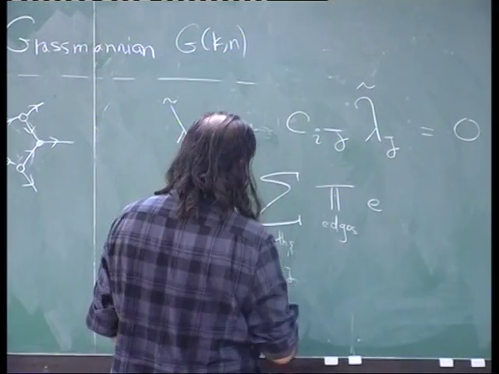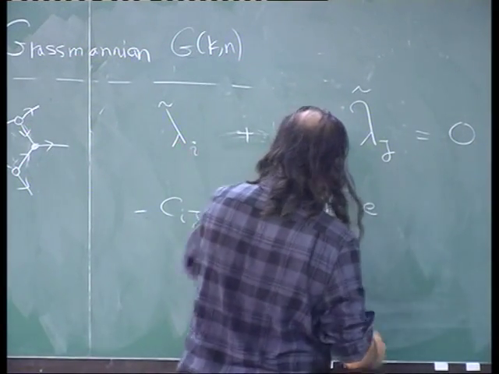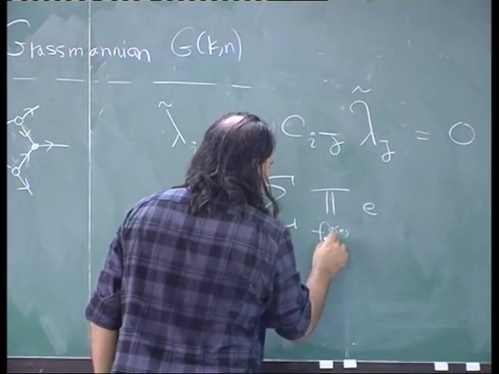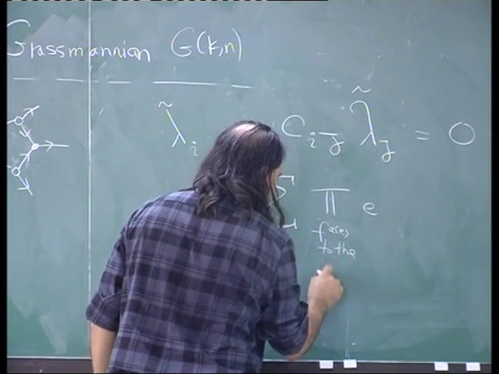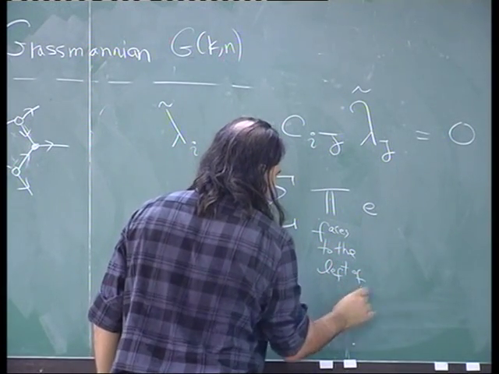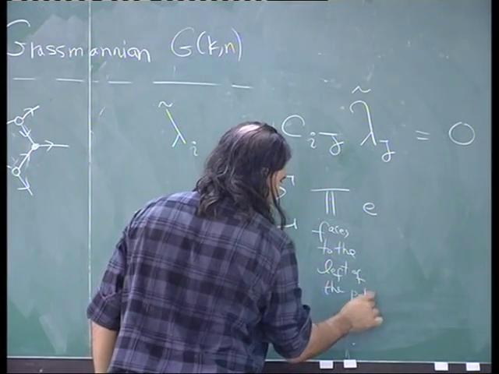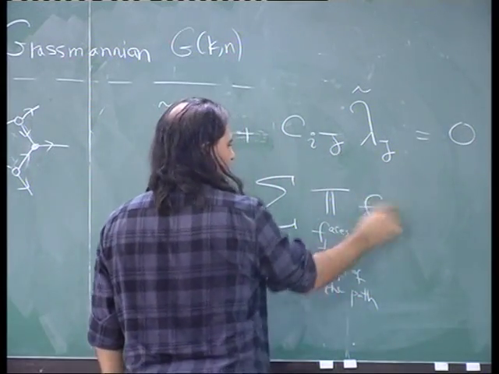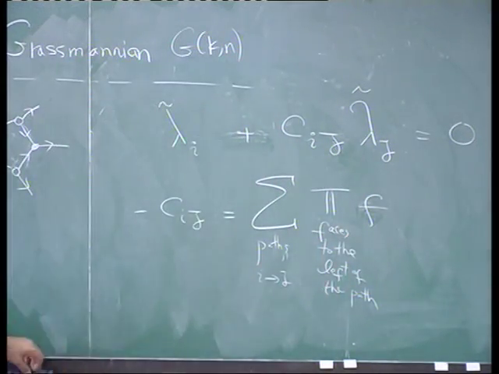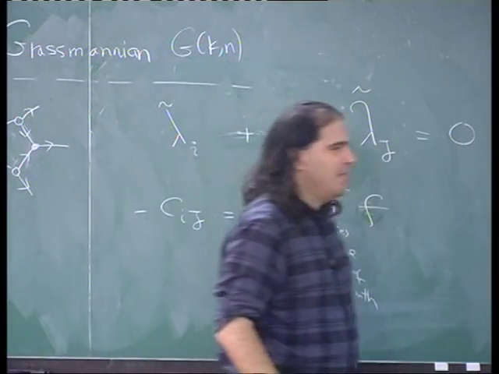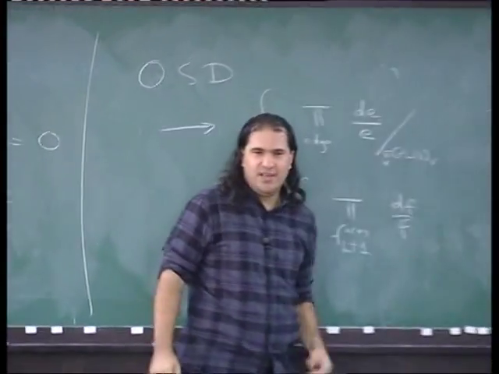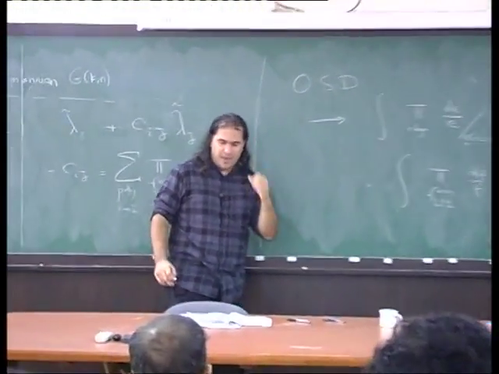It's a sum of all the paths from i to j, and it's the product of all the faces to the left of the path. Okay. Yeah, just Stokes theorem. Right? So this is the completely invariant way of writing it. But the edge variables are often much more convenient to think about.